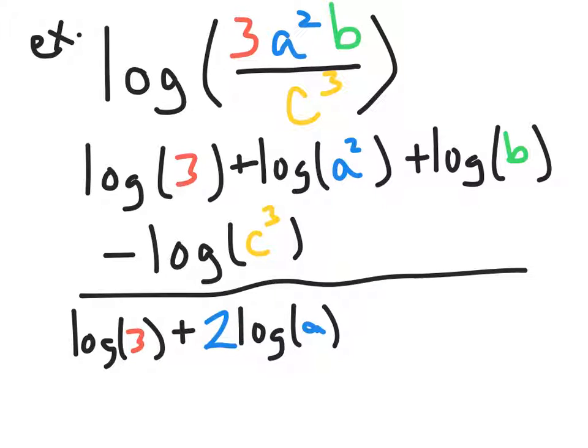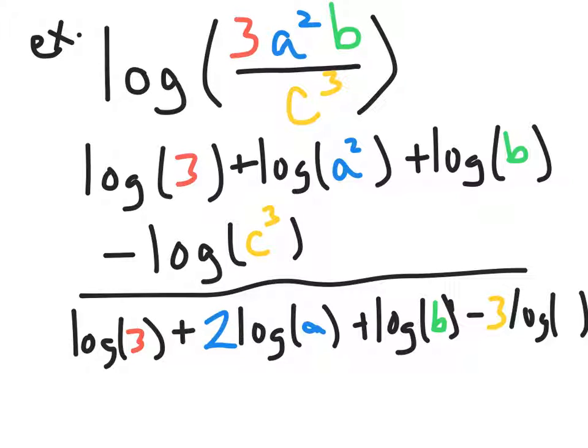My b is just going to be simply added, the log of b. So I can go ahead and put that one there. And the last one is this minus here. That's c cubed. The 3 can come out in front of that, and I end up with 3 log of c. So hopefully this has explained to you how to both expand and simplify logarithms.